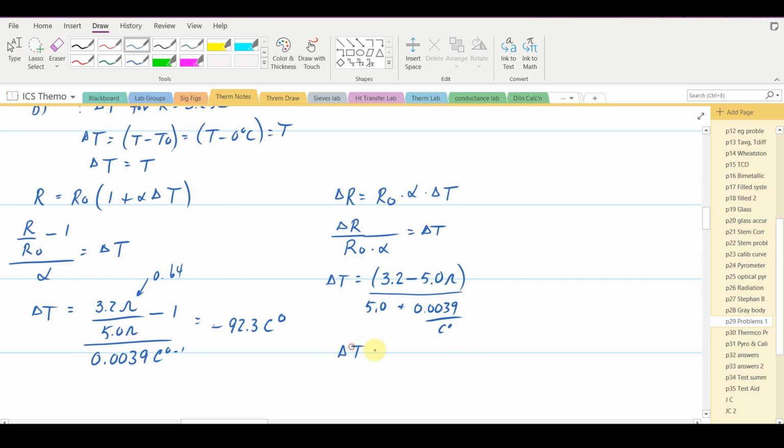Delta T works out to be negative 1.8 over this denominator, 5 ohms times 0.0039 per Celsius degree. And that gives us minus 92.3 Celsius degrees, same as before.